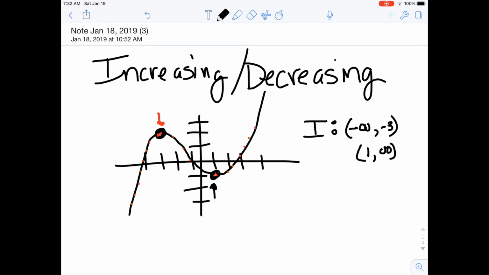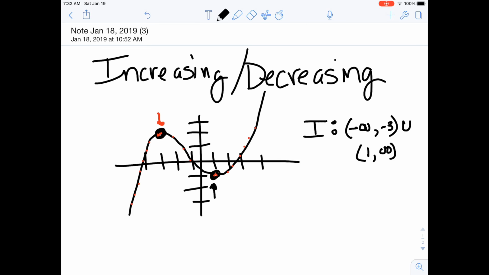Now, disregard the brackets and parentheses. We're not talking about domain and range, so I'm putting everything in parentheses. Then there's this little u, which is from set theory, and it denotes union. So negative infinity to -3 and 1 to positive infinity.